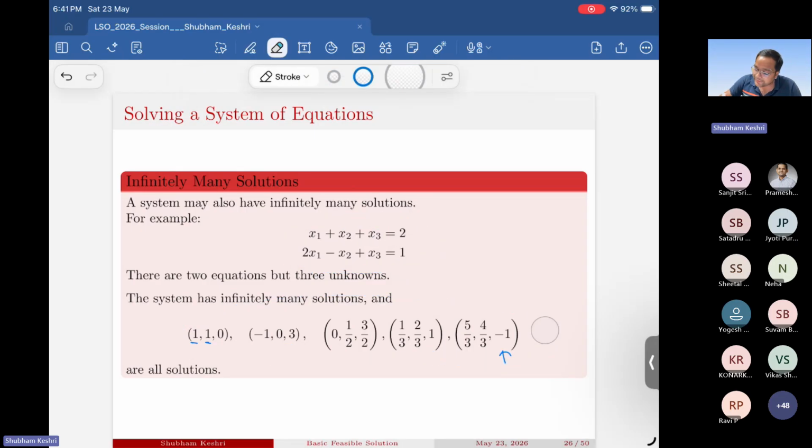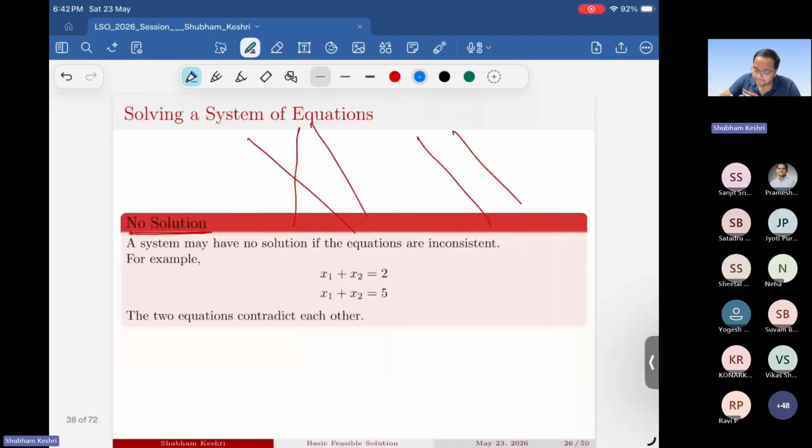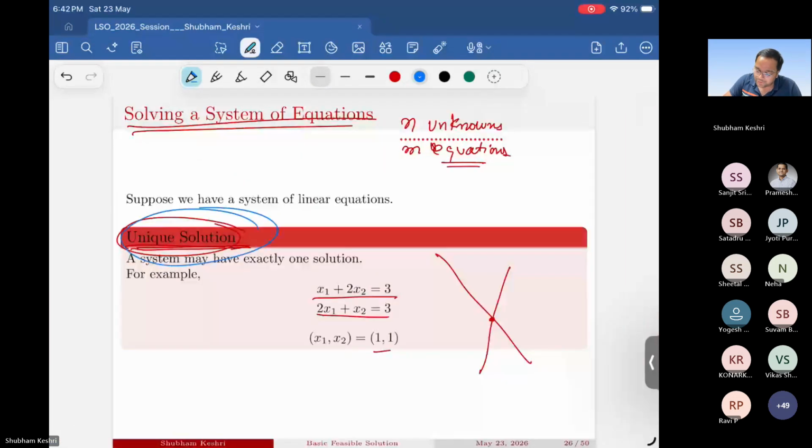Now, for linear programming, we are interested in the case when you have an infinite number of solutions. Why? Because if you have a unique solution, your objective function will have only one value. Your constraints are satisfied by only one solution and there's nothing to optimize. You will have only one solution and that is the best solution you can have because it satisfies the constraints.